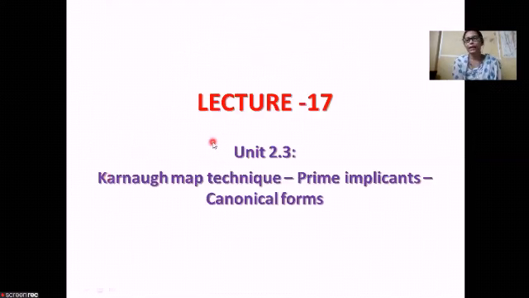So before starting lecture number 17, let us have a quick recap of the previous lectures or the topics we have already studied. In the first lecture, we have studied about the different digital systems and the analog systems, the advantages and the disadvantages of the analog systems and also the digital systems. We have studied about the different logic aspects of the digital circuits.